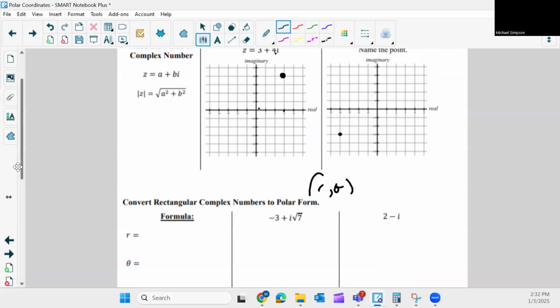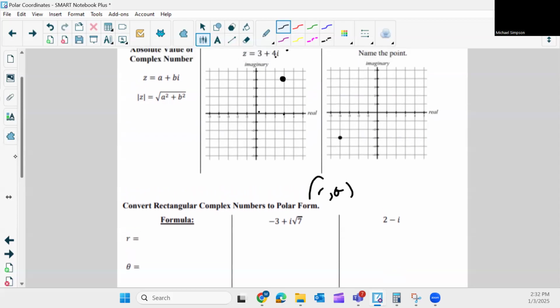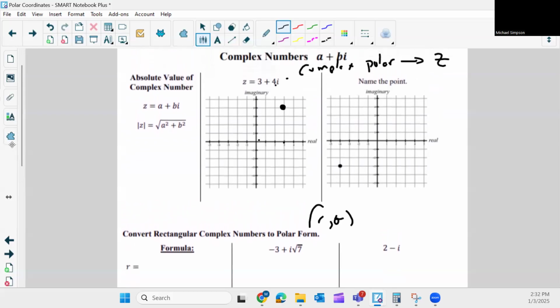And this is very similar to the real numbers. Find R and theta. Let us practice for a second. We have -3, so -3 is over here: 1, 2, 3. And the square root of 7 is between 2 and 3. I'm just going to guesstimate.